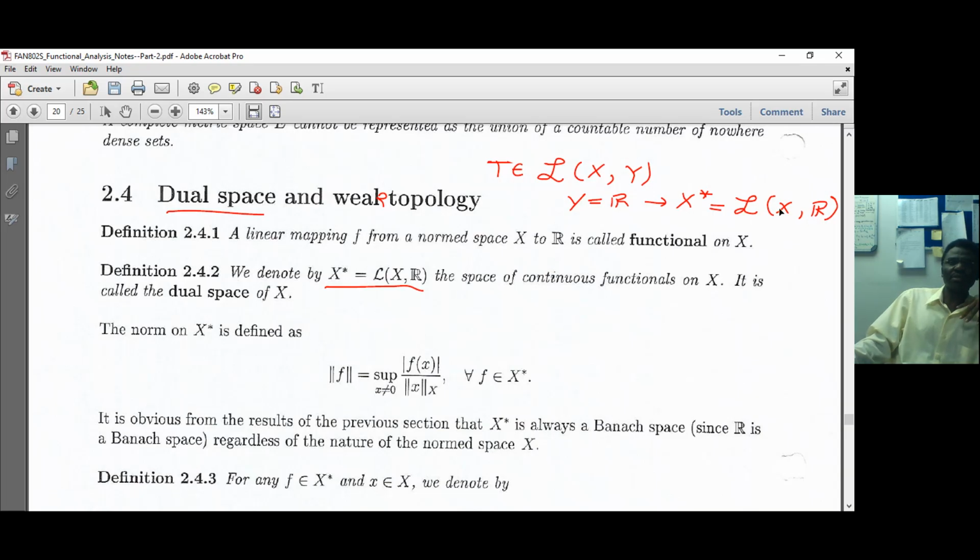What we will change here is the X, right? Instead of writing all this, we just call it X star. That's what we call the dual of X, meaning that an element of X star is a bounded linear operator from X into R.